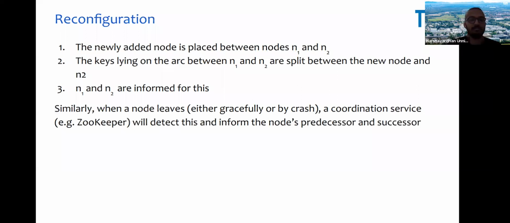When a node leaves the system, either gracefully or because of a crash fault, it is necessary to inform its predecessor and successor to update their finger tables in a correct manner. This could be accomplished using a coordination service such as Zookeeper.